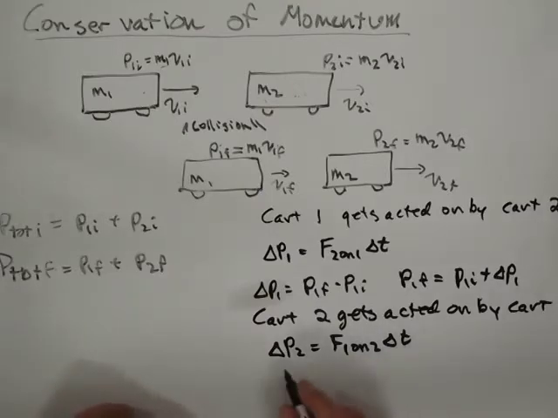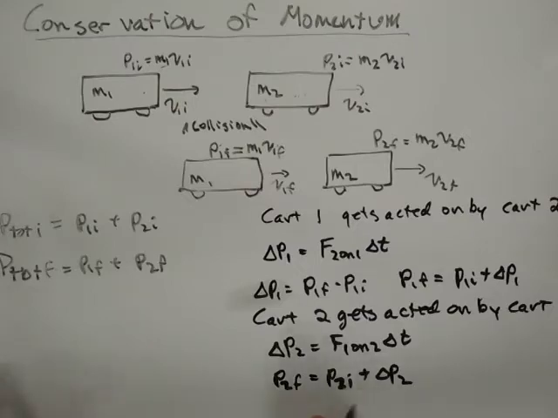And so, similarly, P2 final is equal to P2 initial plus delta P2.